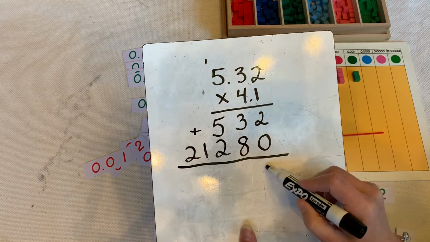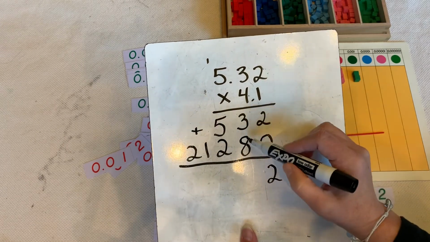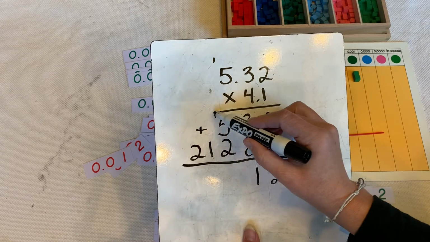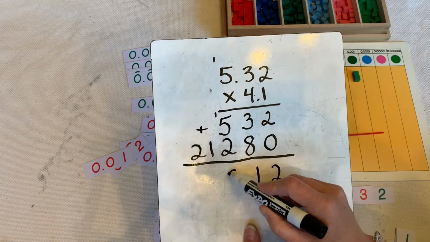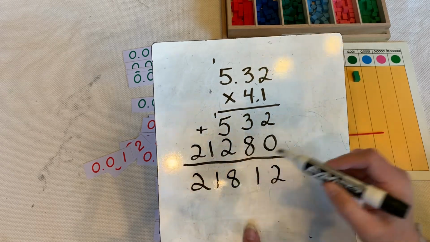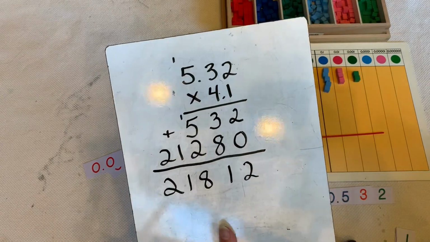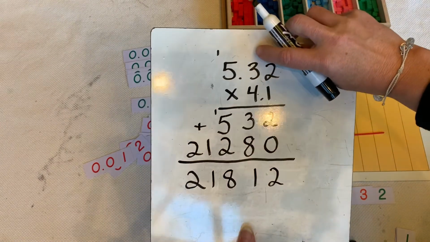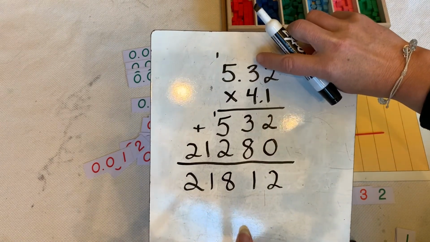2 plus 0 is 2. 3 plus 8 is 11. 5 plus 1 plus 2 is 8. We bring down our 21 because there's nothing else to add it to. Now we're going to count up the numbers to the right of the decimal point in our multiplicand and our multiplier.